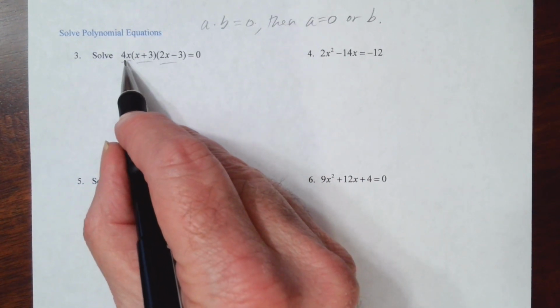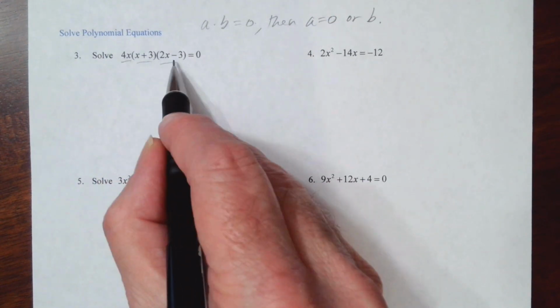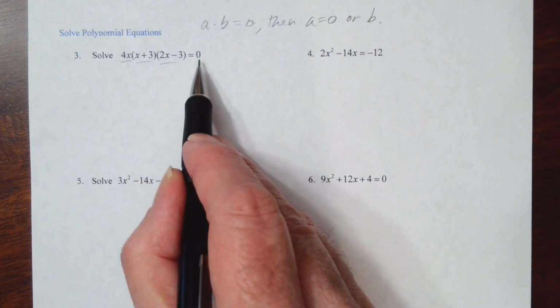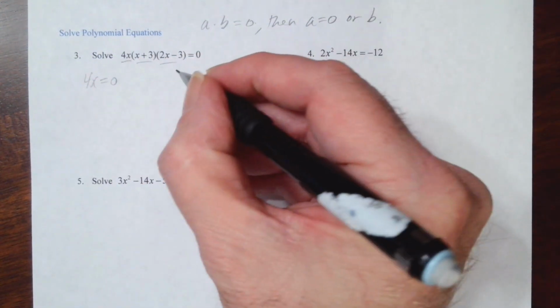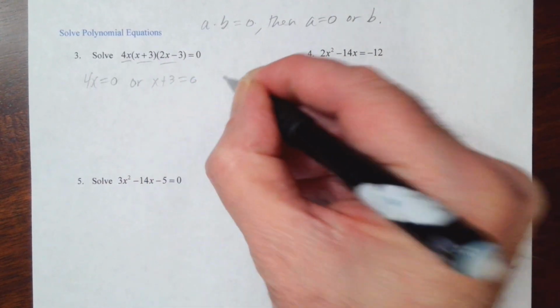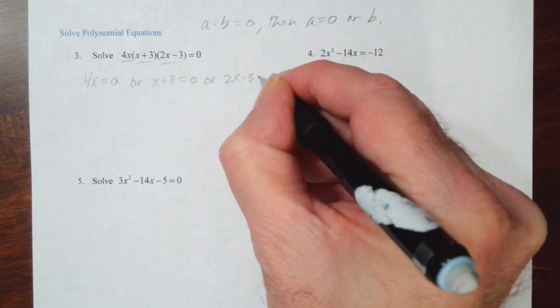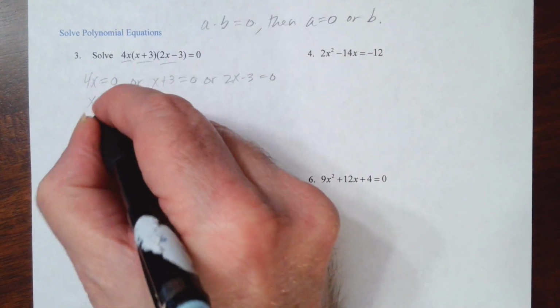Really, you could think of it as 4 times x, but we'll just call it 4x times x plus 3 times 2x minus 3. So if these numbers multiply together and you get 0, it's either the 4x that's equal to 0, or the x plus 3, or 2x minus 3. So we got to solve these three equations to get our solutions.